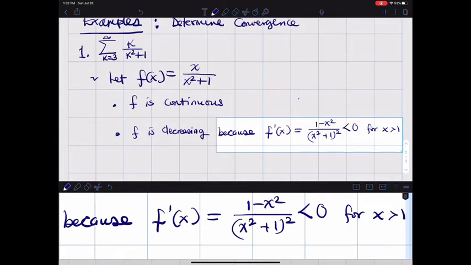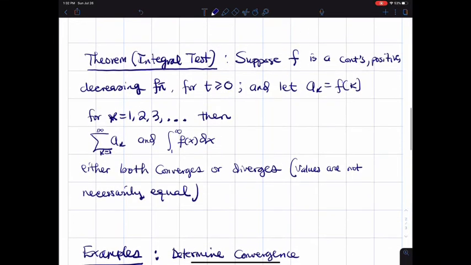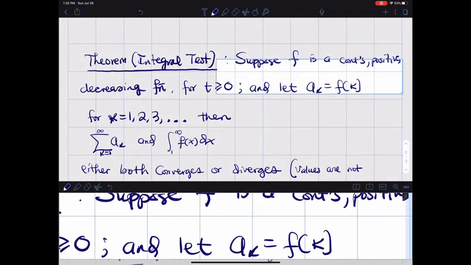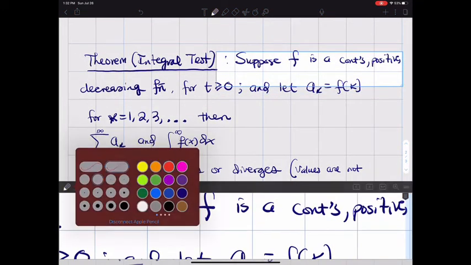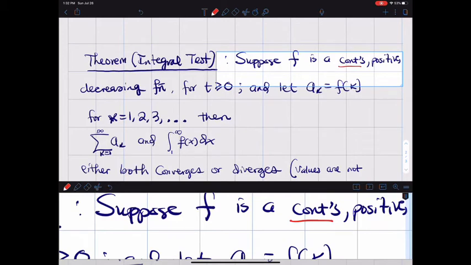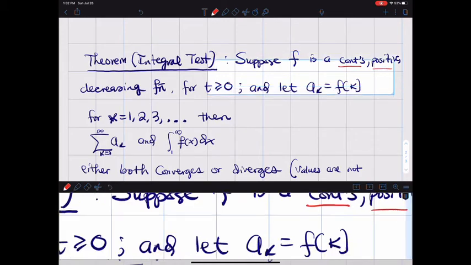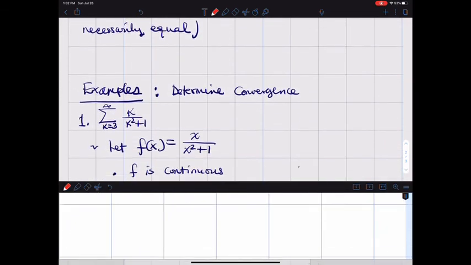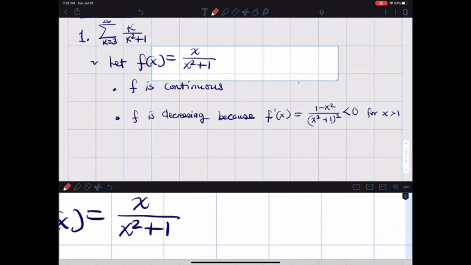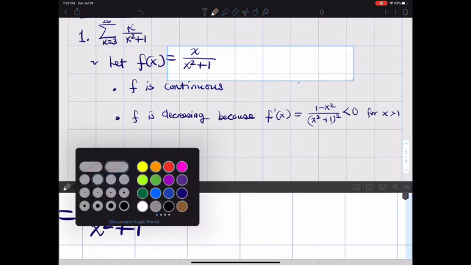So let's look at the integral test again. It says f has to be continuous. We've checked that our f is continuous. F has to be positive. Our function is always positive, so maybe we should also mark that down.